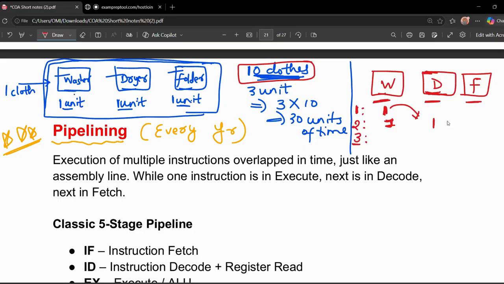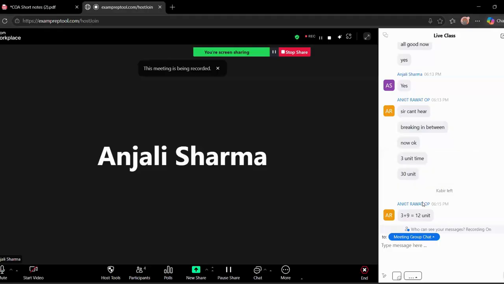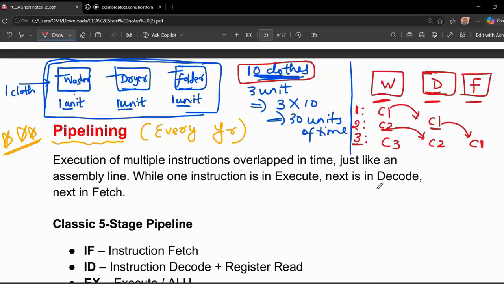In the third unit of time, C1 is done with the dryer, so it goes to the folder. C2 is done with the washer, so it goes to the dryer. And one new cloth has come, which is C3. So you see that in pipelining, you are utilizing each and every machine very efficiently.